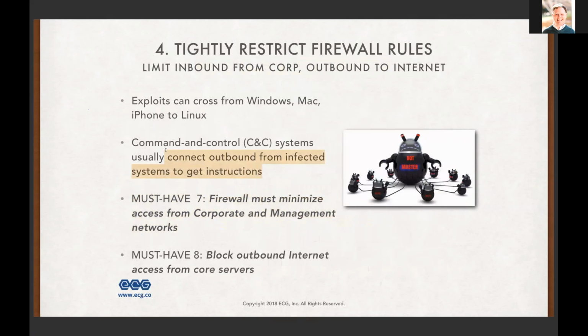The other piece here on the firewall strict rules is the command and control system. Usually the malware connects from the internal network out to the internet. So you have an infected system on the internal part of your network. It connects outbound across the internet, and it gets instructions.